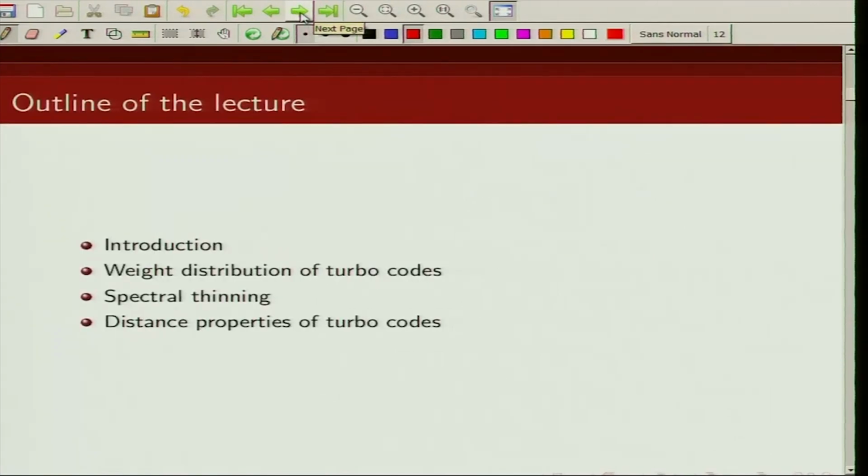So this is the outline of today's talk. We'll first give an example of a weight distribution of a convolutional code, and we will compare it with the weight distribution of a concatenated code, and we will see what effect the interleaver has on the weight distribution of the concatenated code.